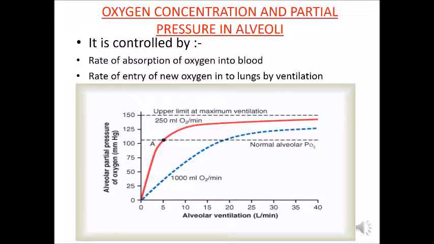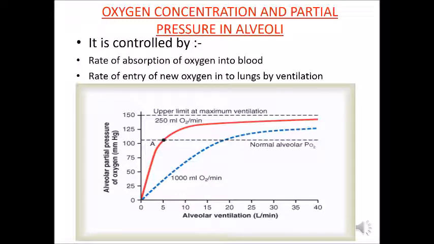Now this graph is showing the relationship between alveolar partial pressure of the oxygen with alveolar ventilation. So oxygen concentration and partial pressure of the oxygen is actually controlled by two things.